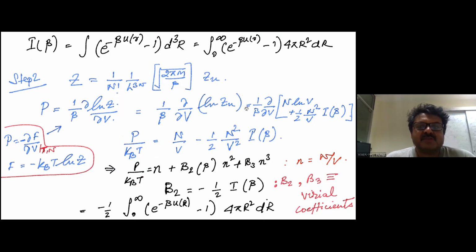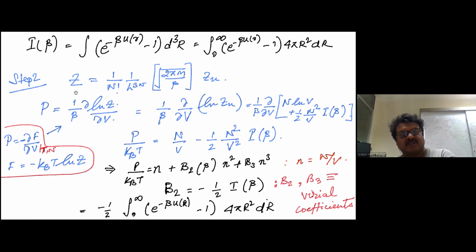And now what we do, instead of evaluating I(β) at this step, we first remind you that from the partition function Z we can get the free energy, minus k_BT log Z. And if you know the free energy, a derivative with respect to volume with a negative sign gives you pressure, right?